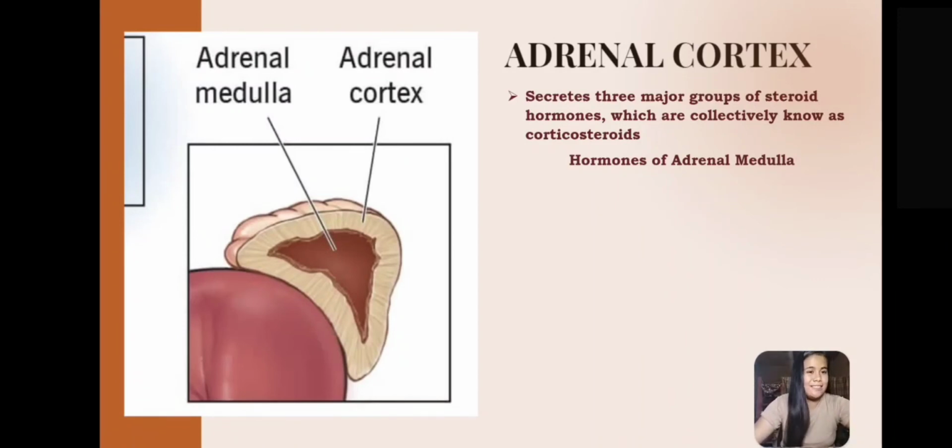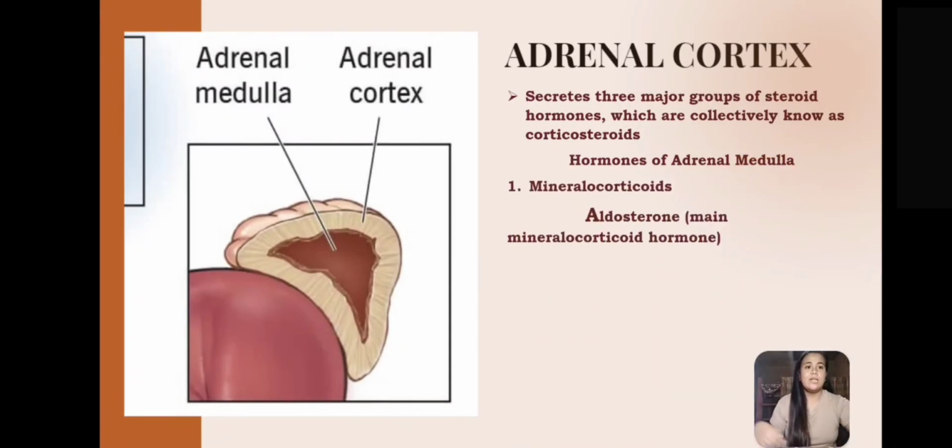Adrenal cortex. I forgot to change this into adrenal cortex. I'm very sorry, but these are the hormones of adrenal cortex. So number 1 is mineralocorticoids. So ang major nga gina-release ani is the aldosterone.